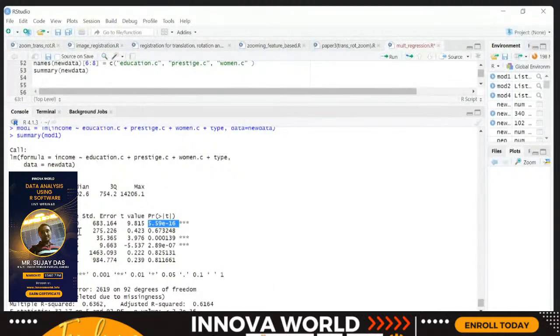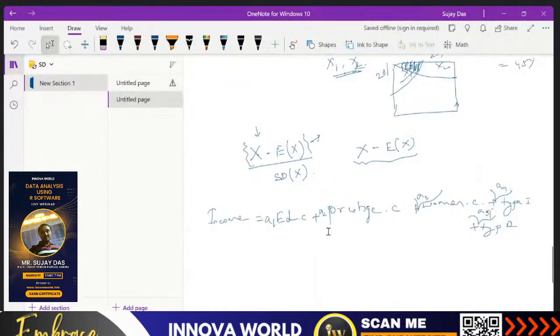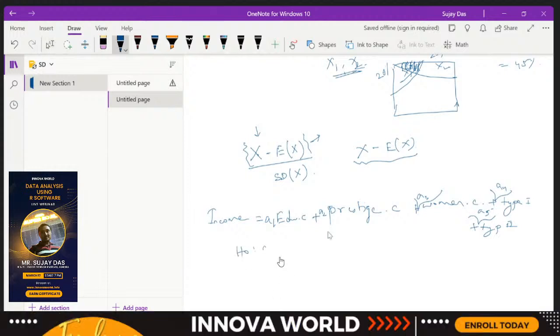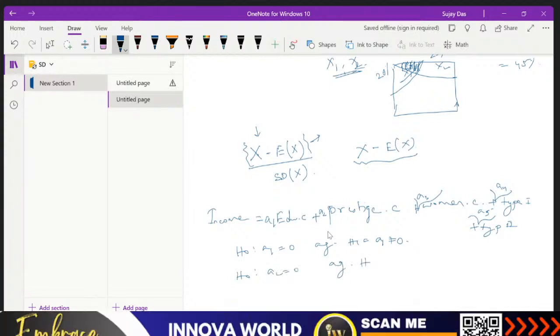The coefficient for education.c is 116.434. But in the background there is a test being performed. What is the test? H naught: the null hypothesis a1 equals 0, against the alternative hypothesis a1 not equal to 0. The second test is H naught: a2 equals 0 against H1: a2 not equal to 0.